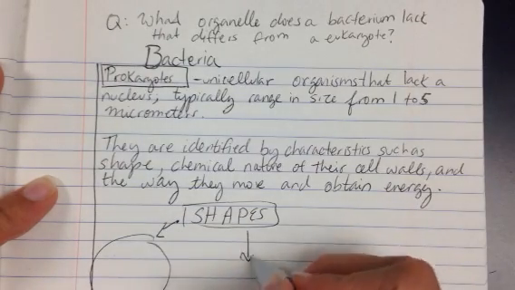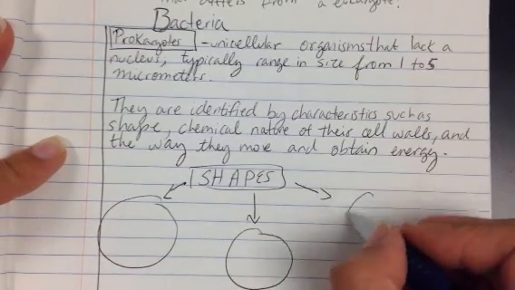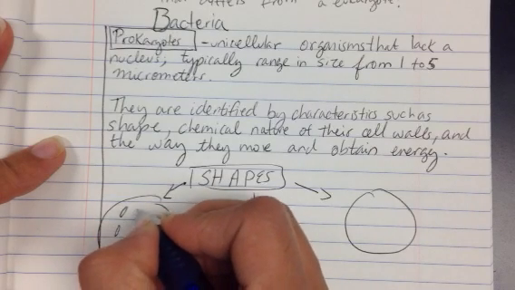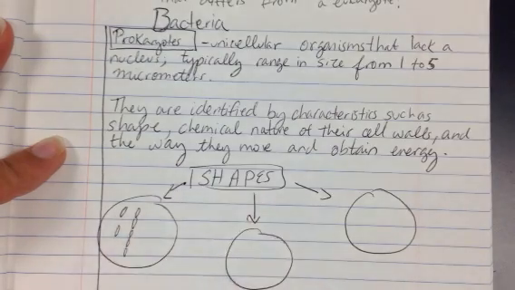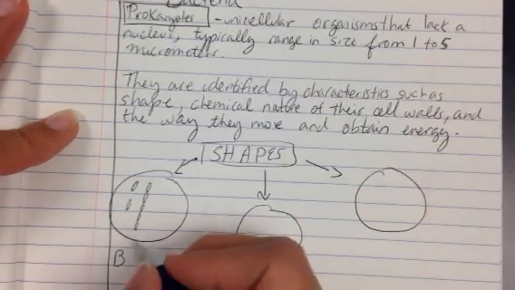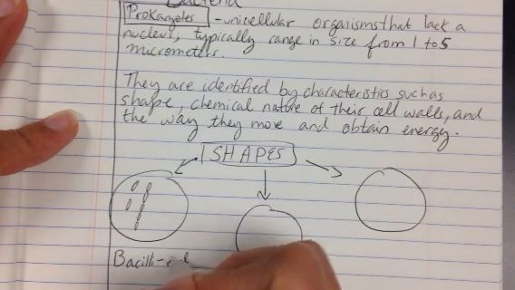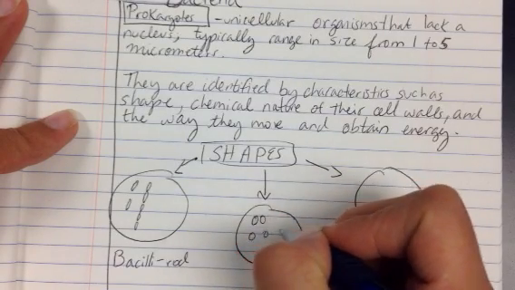Draw 3 little circles so that you can draw examples of each. The first are bacilli, and I'm going to draw them. They kind of look like little rods or little sausages. Sometimes they link up like that. These are the rod-shaped bacilli. We also have cocci, which are circles.